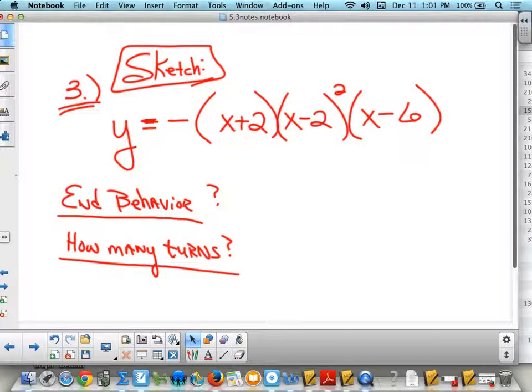Then this is the assignment. Yeah, I need to reset those.